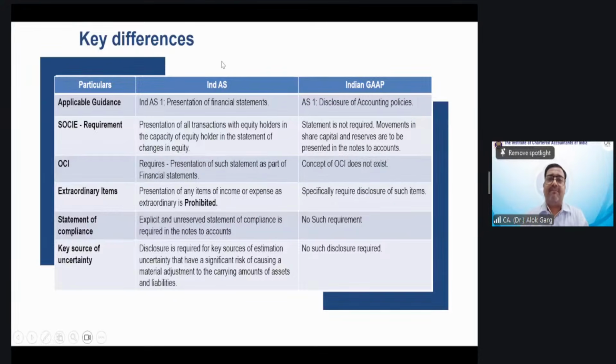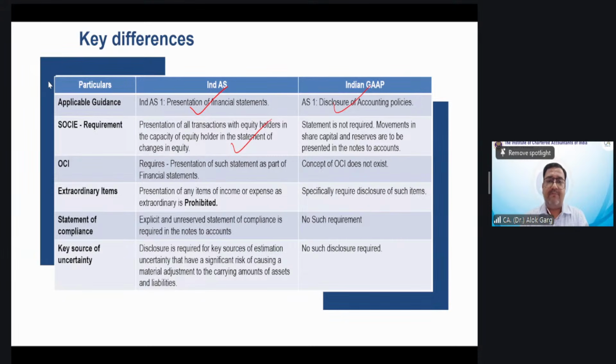Now let's discuss the comparison between Ind AS and AS. In Ind AS it is Ind AS 1; in accounting standards it is AS 1. On the SOCI requirement, SOCI is shown as a separate component in the Ind AS financial statements.